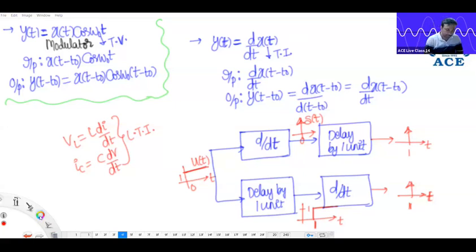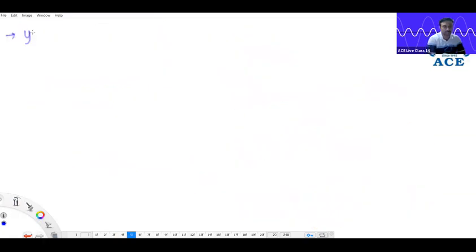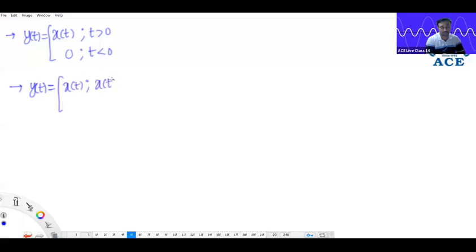Okay. Let us take the next model. Suppose the input and output are described by an expression like this. I am giving two systems.